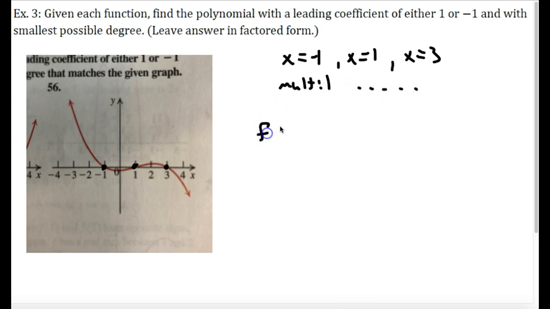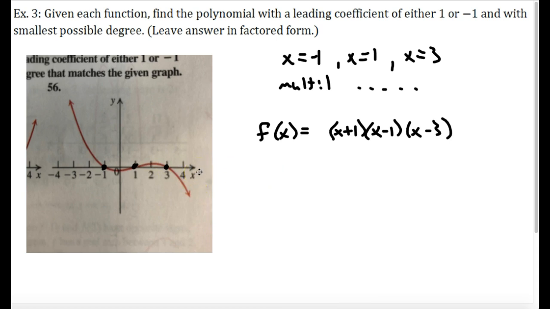So I can write my function as f of x equals x plus 1 times x minus 1 times x minus 3. Then the other thing we need to look at is the end behaviors. Here as x goes to -infinity, f of x is going to +infinity, and as x goes to +infinity, f of x goes to -infinity.